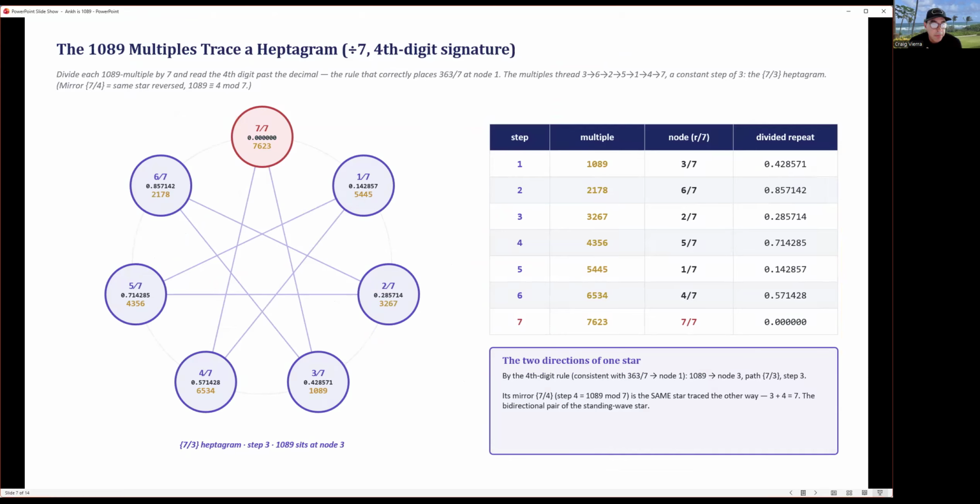I've taken you through in some earlier videos how if you take the scalar circle, you can put a heptagon on the inside. A heptagon has 7 nodes. If you go node to node, you draw a heptagon.